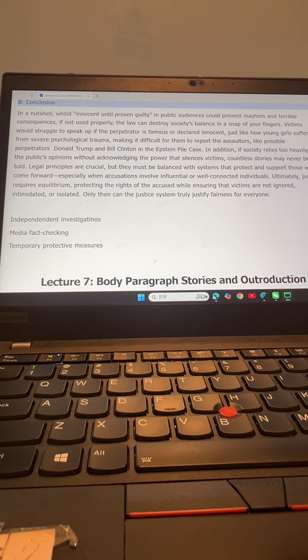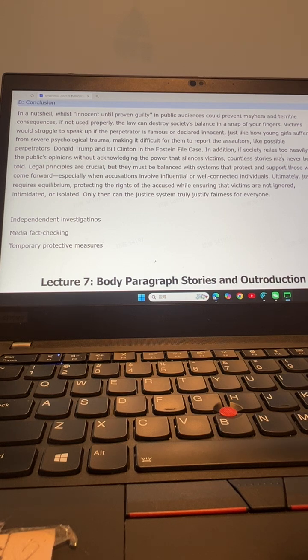Basically it's to make sure that you have quality control of the information. And then the temporary one, it's like short-term rules or restrictions implemented to reduce the harm while the long-term solution is still being developed. So it's temporary, protective.